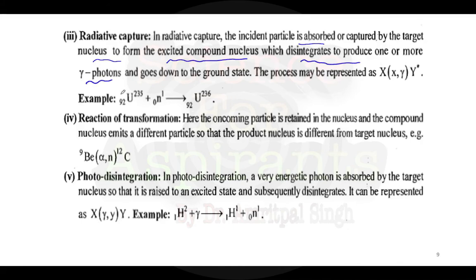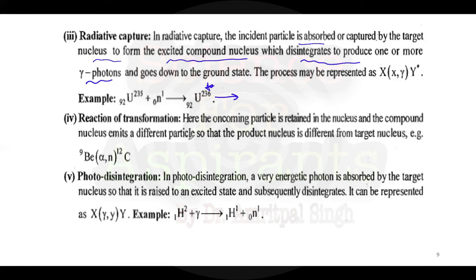It is something like this nuclear fission reaction, when uranium-235 absorbs a neutron and is converted into uranium-236, which is the excited state and generally known as the compound nucleus, and it further breaks up into two smaller fission fragments.